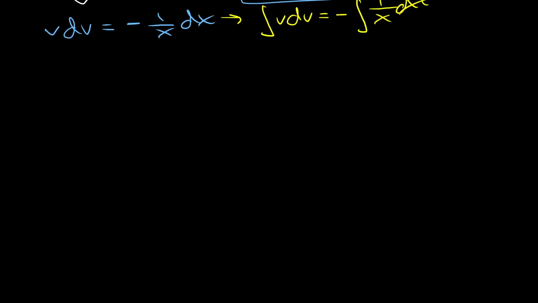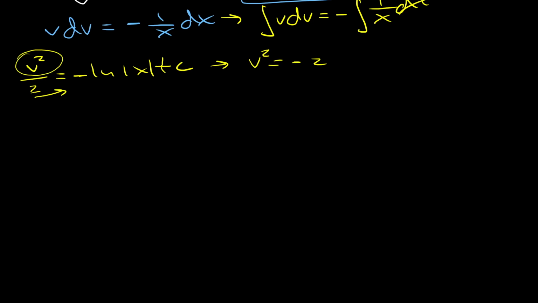Now it's the simple part. The integral of v is v squared over 2, equal to minus ln of x plus c. To leave v alone, we get v squared equal to minus 2 multiplied by ln of x plus c. Now we substitute v squared with the initial expression, which is (y over x) squared.